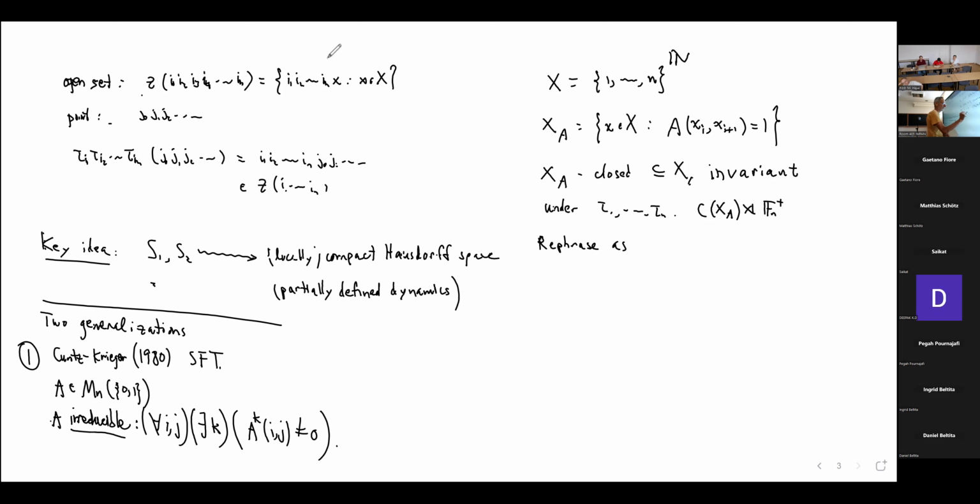Just out of curiosity, are there some examples of irreducible such matrices that are not, let's say, block upper triangular or blockwise lower triangular? Oh, sure. So the matrix of all ones, that gives you all of X back. That's certainly irreducible. But it cannot be written as blockwise upper triangular or blockwise lower triangular.